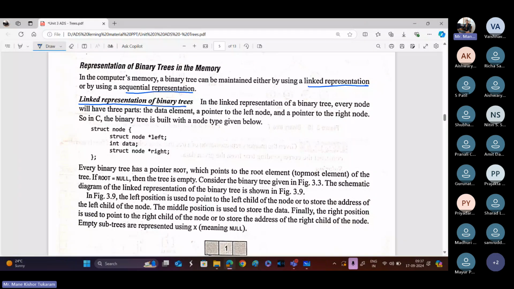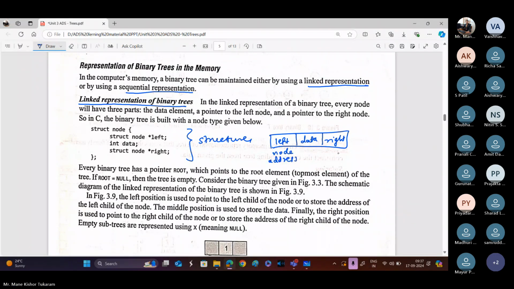In the linked list representation, we have a structure in which we have a node. This is our left, this is right, and this is the data. So left node address or pointer, right node address or pointer.